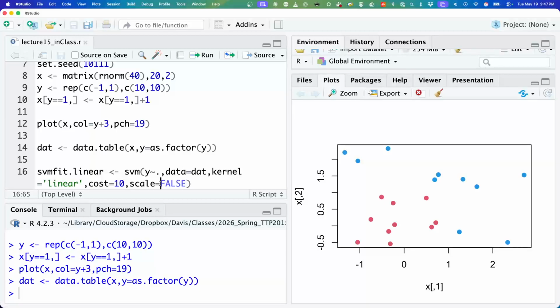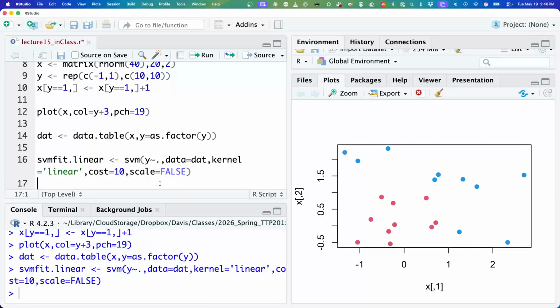Okay, so the cost is our tuning parameter, which is a penalty, right? So the larger this is, in general, the more we're going to try and avoid the violations. Every violation, the cost of the violation is multiplied by 10, essentially.